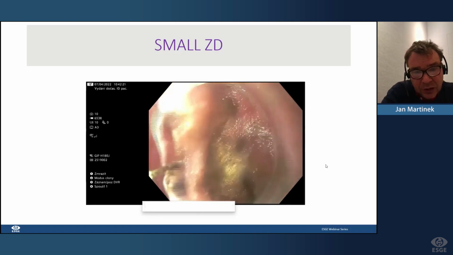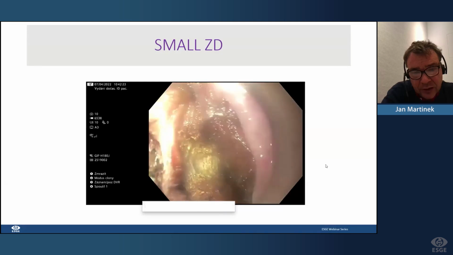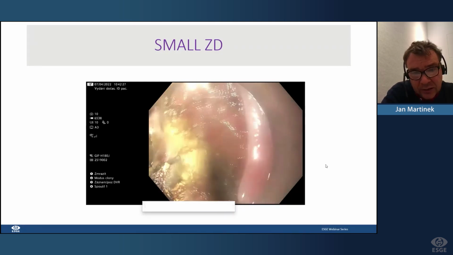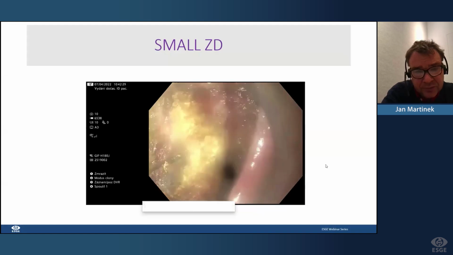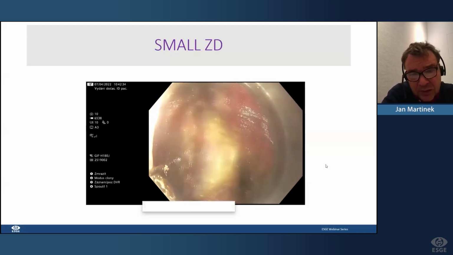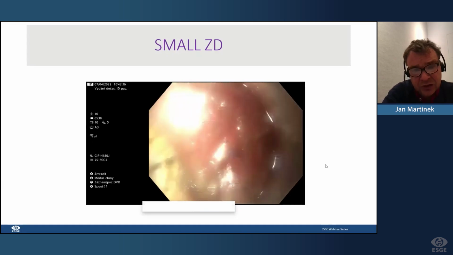Now I'm going to cut the cricopharyngeal muscle, and you can cut until the muscle fibers disappear. Now the cricopharyngeal muscle has disappeared, and this is the esophageal muscle.